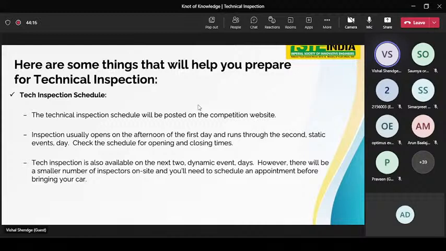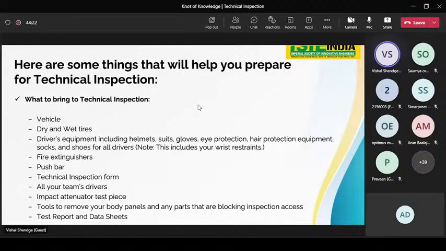Here are the things you have to bring while going for technical inspection. First, your vehicle, your set of tires, that is dry tires or wet tires, and driver's equipment including your helmet, suits, gloves, eye protection, hair protection equipment, socks, and shoes for all the drivers as per the rule book.